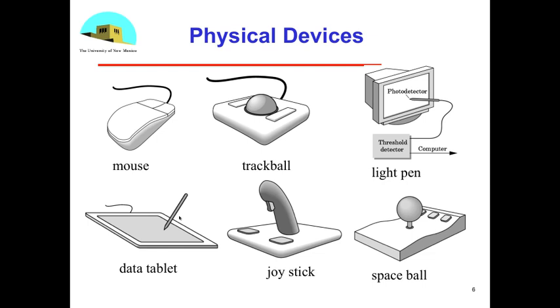Now, there are also a lot of newer devices and multi-dimensional devices. I still have a picture of a spaceball here. Spaceball sort of looked like some sort of a joystick, but it actually was a six-dimensional device. You could push the ball in three independent directions, forward, back, left, right, but you would actually pull and push on it. And then you had three independent twist degrees.